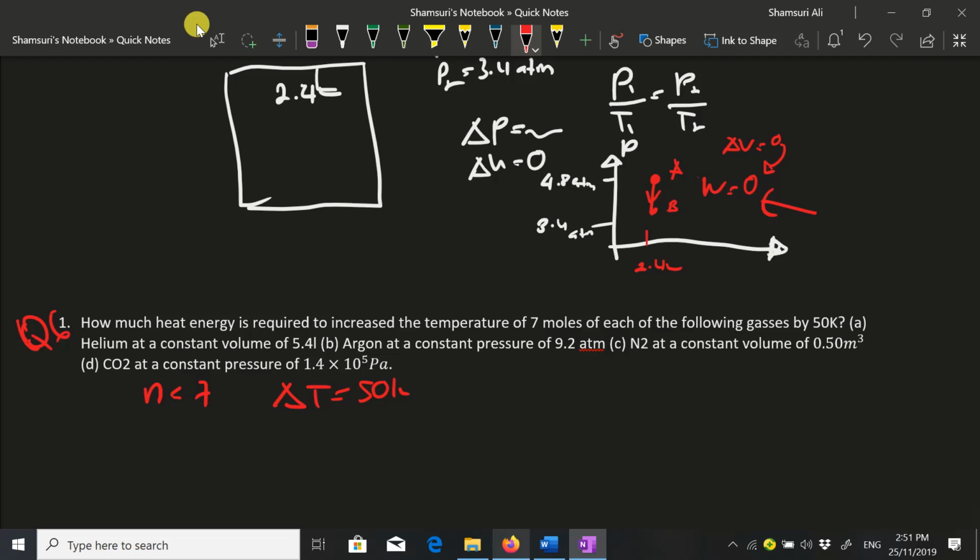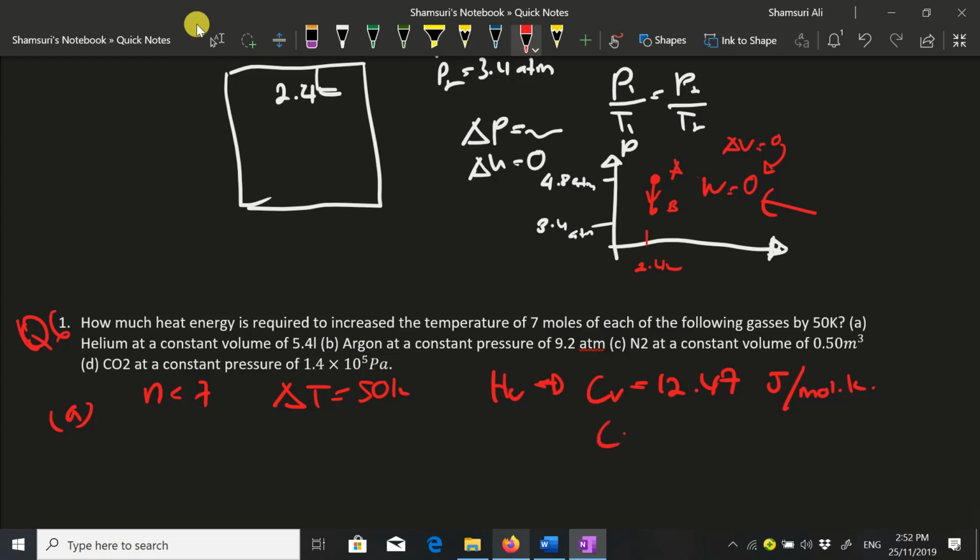Helium, if you use the molar mass of helium, CV is equal to, this is question A, CV is equal to 12.4 joule per mole K. Okay, it's very important.